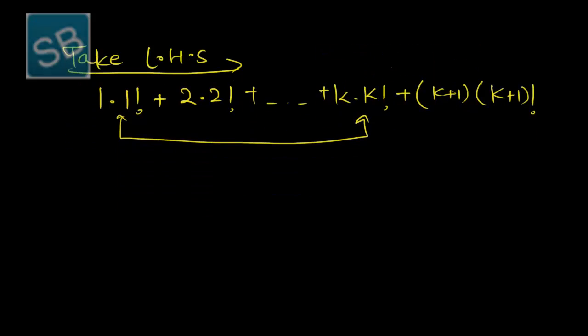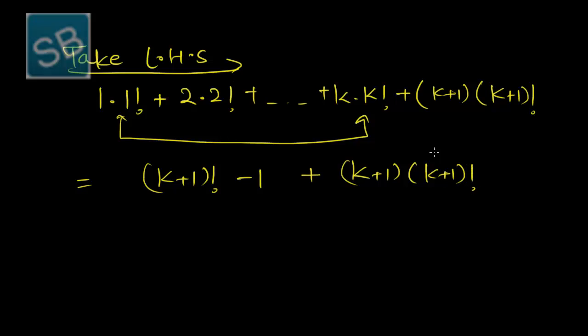So by using that result, we get here k plus 1 factorial minus 1 plus k plus 1 factorial as it is. We get this result from step 2.